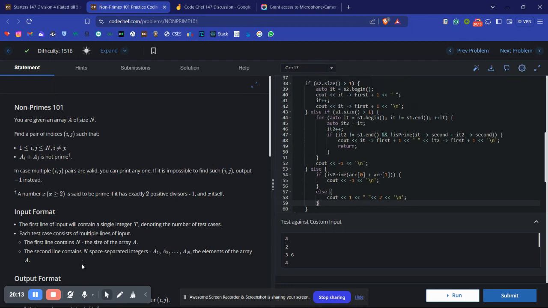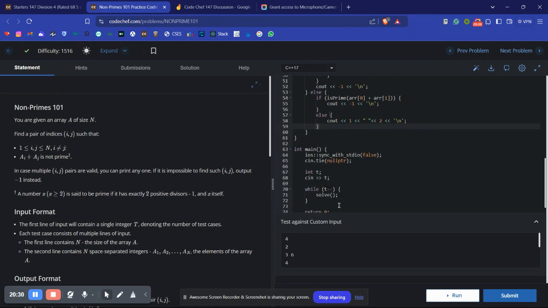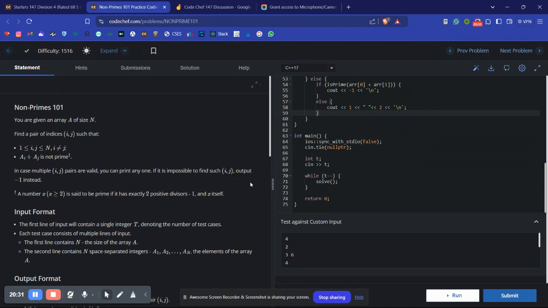After that, if we have only one odd and one even number, we do the summation of both numbers and check whether it is prime or not. If it is prime, then we print just the first two indices.